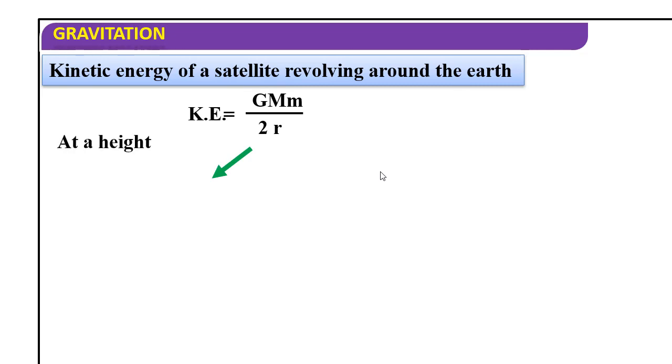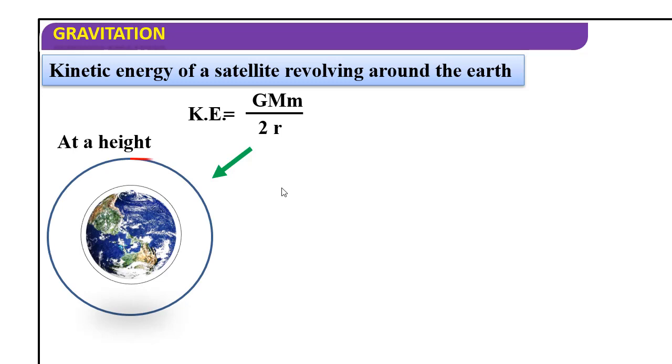Also we calculated at a height R plus h, you can write instead of this R, GMm by 2 into (R plus h).